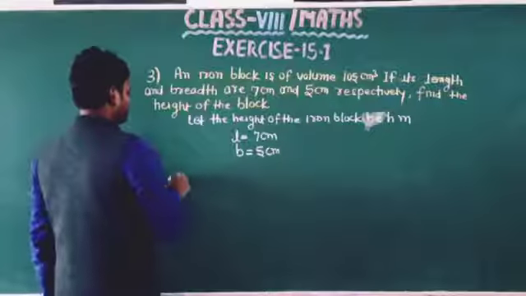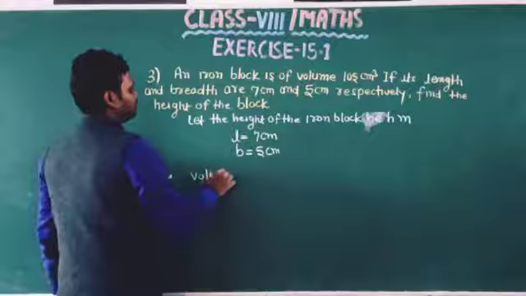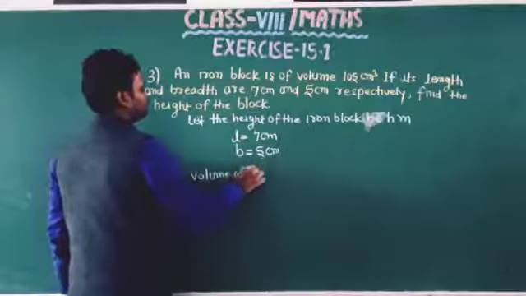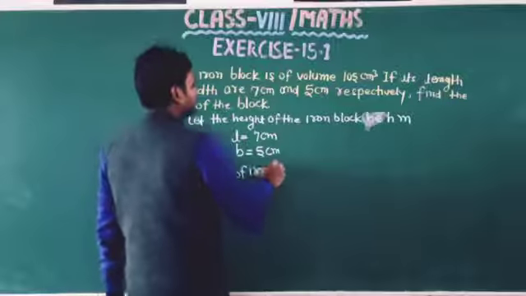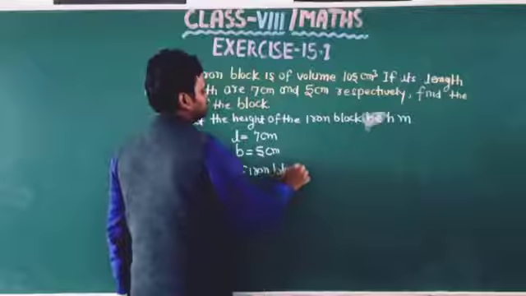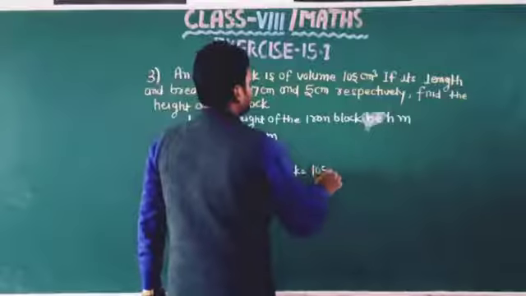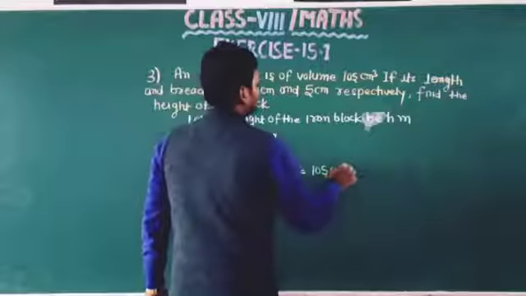So here, the volume of the iron block equals, this is given, 105 centimeter cube.